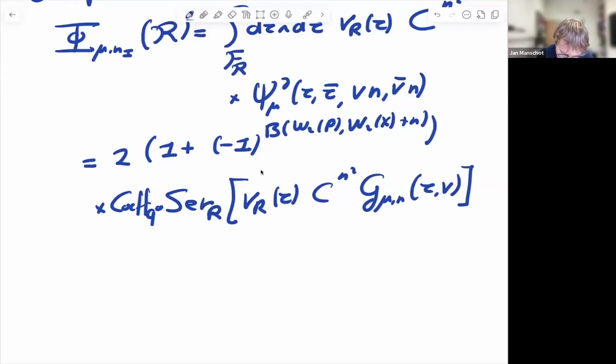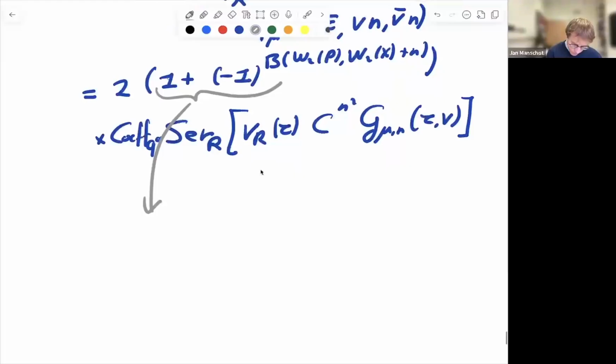And now we see from these two terms here, one and this term, that's due to the two copies, the two copies we saw in both the U plane and the tau plane.